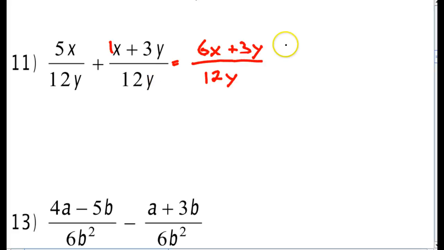No, not finished. What can be done? Should I start canceling stuff? No, do not start canceling stuff. Why not? There's nothing being multiplied on top here. All I have is addition. Nothing can be canceled. So how do I get multiplication? Factor. So back to the top. What factors out? 3. 6 and 3.